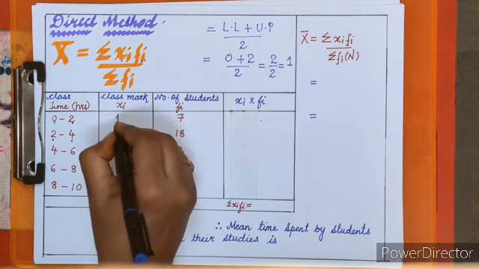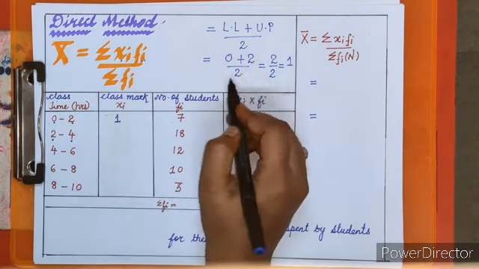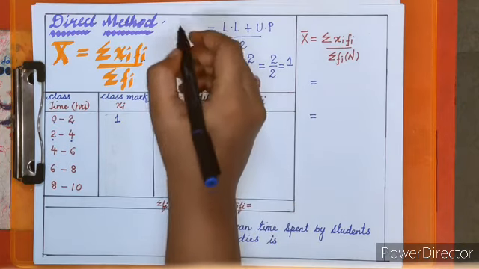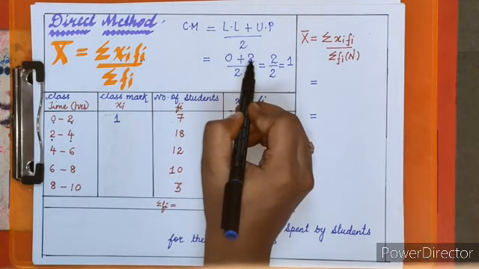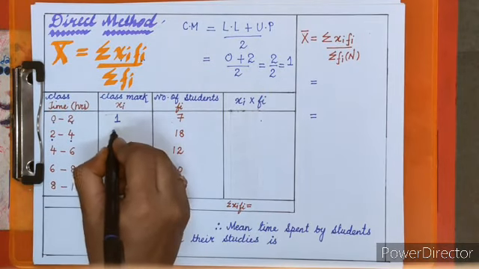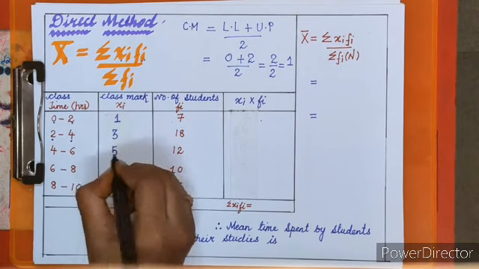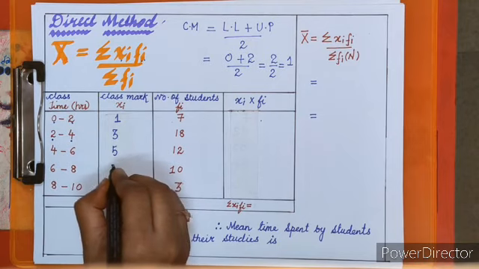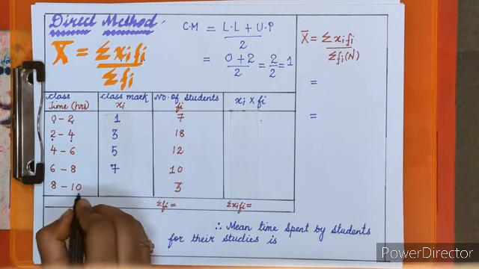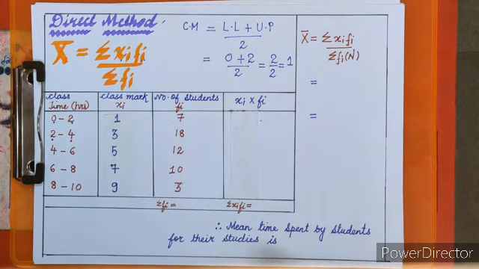So here your first class mark is 1. Similarly, you can put the values in the formula of class mark and find the other class marks. 2 plus 4 is 6, 6 upon 2 is 3, 4 plus 6 is 10, 10 upon 2 is 5, 6 plus 8 is 14 and 14 upon 2 is 7, 8 plus 10 is 18 and 18 upon 2 is 9. So this is your class mark.